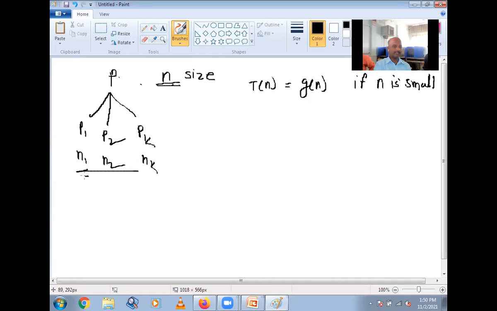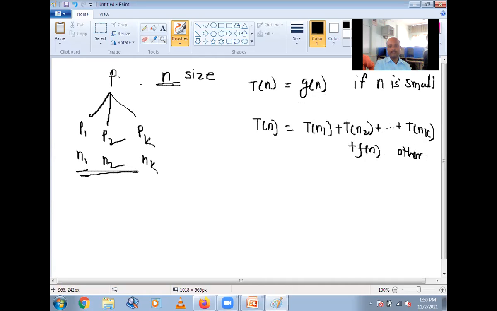Then the time complexity is T of n equals T of n1 plus T of n2 plus T of nk plus f of n.